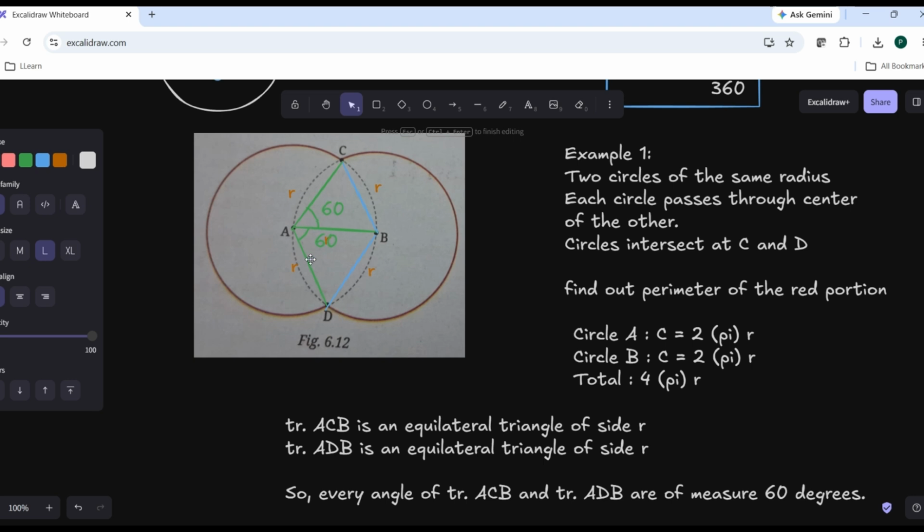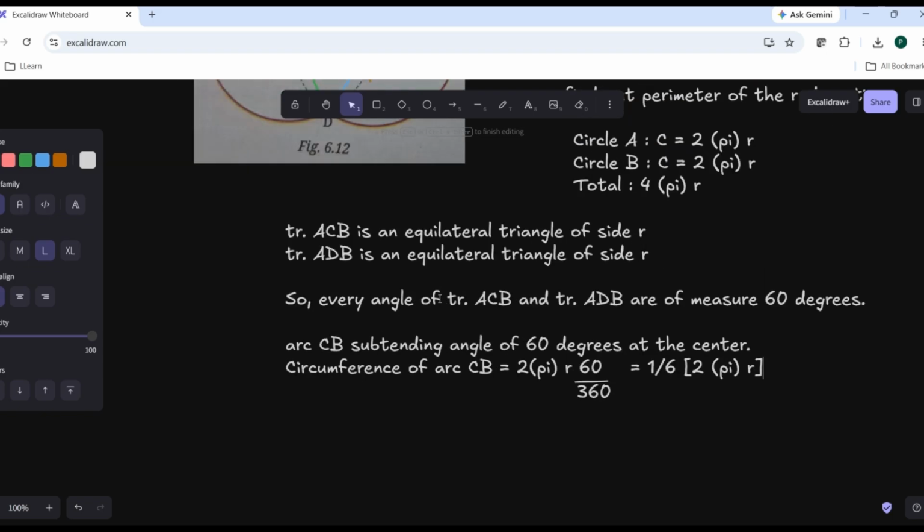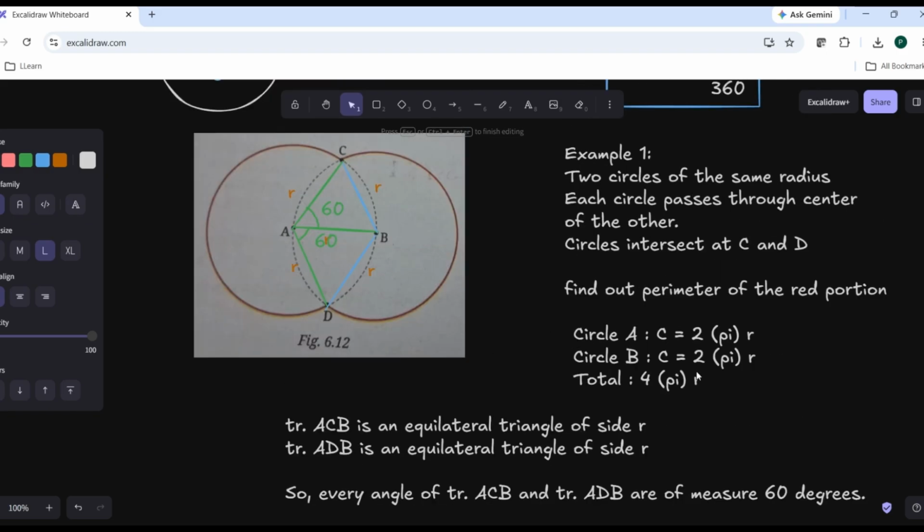So rather than finding out for CB and BD individually, we can directly find out for CBD. The arc CBD is subtending an angle of 120 degrees at the center.